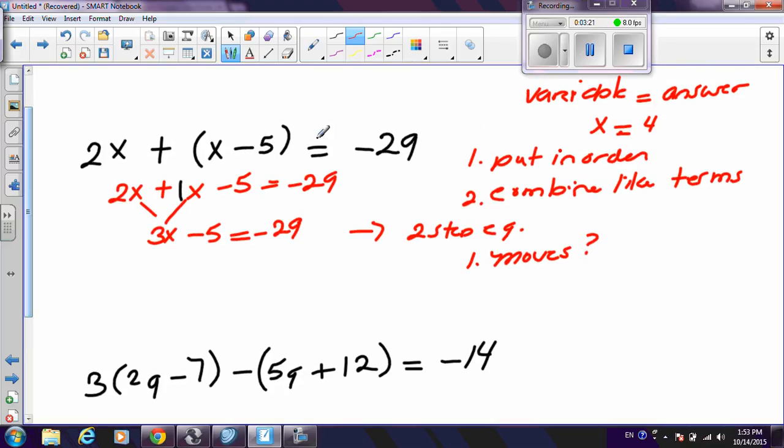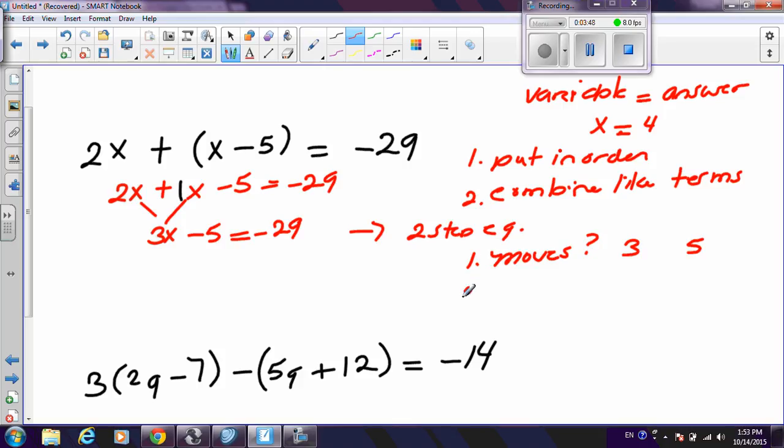Now remember our pattern is variable on the left, answer on the right. Well, this is a variable, and so he's going to stay right there. The x itself is going to stay, but that 3, that's a number. He needs to move, so we'll say 3 needs to move. Then this 5, he's on the wrong side because this is our variable side. So he also needs to move. And it's not just a 5, it's actually a negative 5, but we could just write 5 for right now.